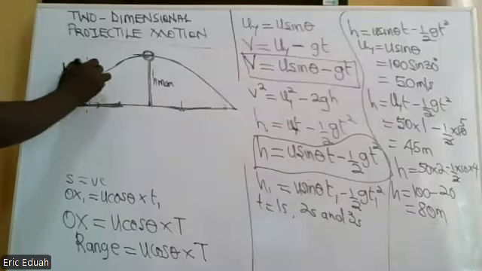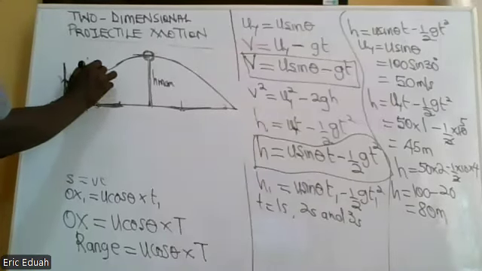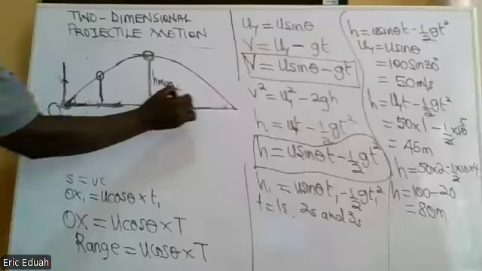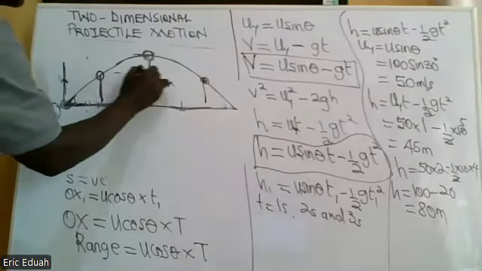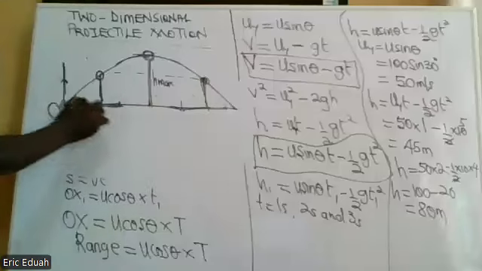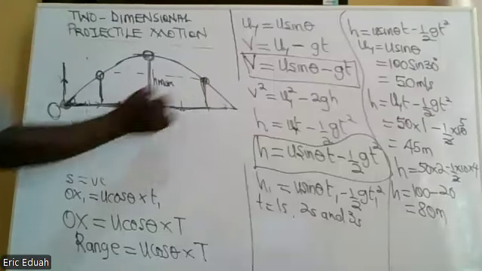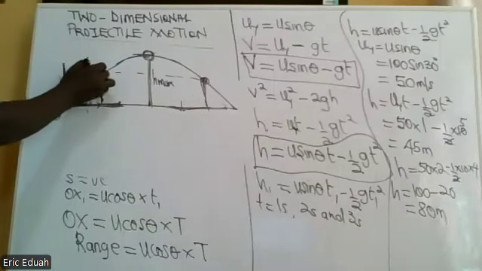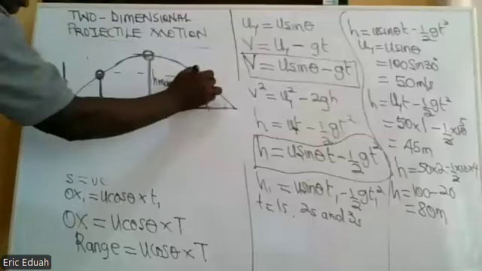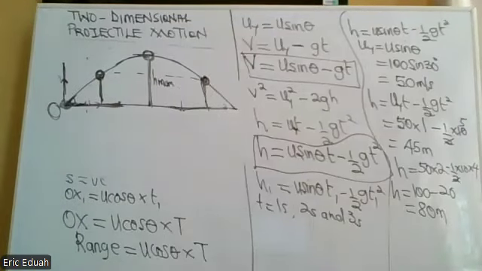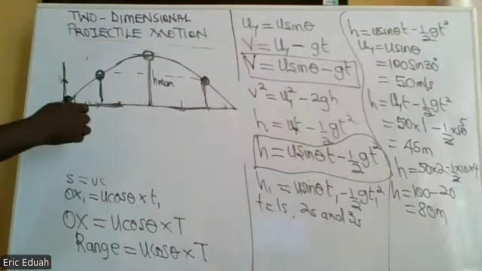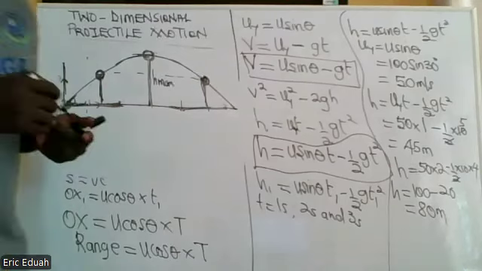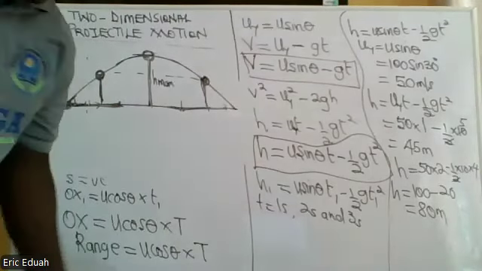Okay. Now, when it is here, this height is the same as when it is here. So H here will be the same as H here. Equally, velocity at this point would also be the same as the velocity here. This shape is a parabolic shape. So we say that the trajectory of a projectile is parabolic.